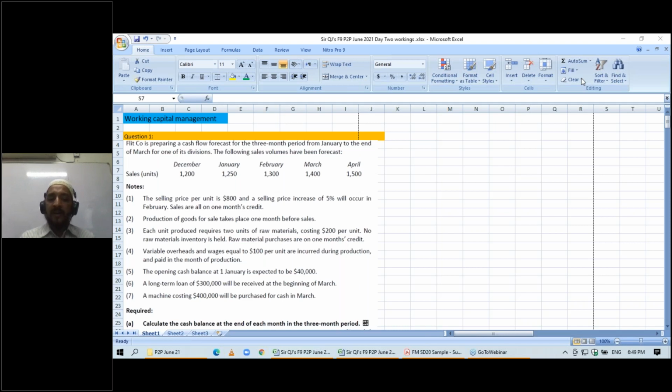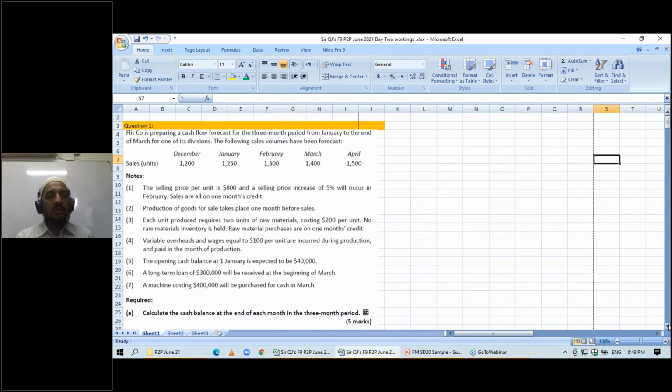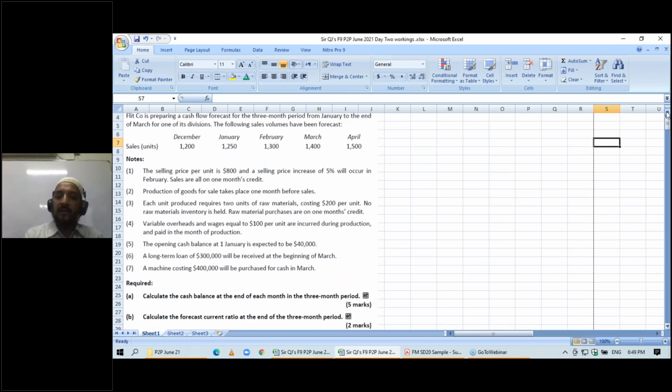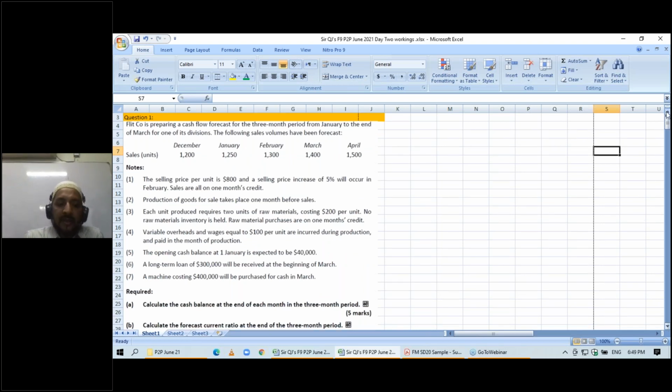So we will prepare a cash budget in our first requirement, the Fleet company. So please go through this question. Fleet company, question number 1, we will be doing requirement A: calculate the cash balance at the end of each month in the 3-month period. So please read this question. I'll be solving it in a few minutes time. So you may be required to make a cash budget in section C, sorry.